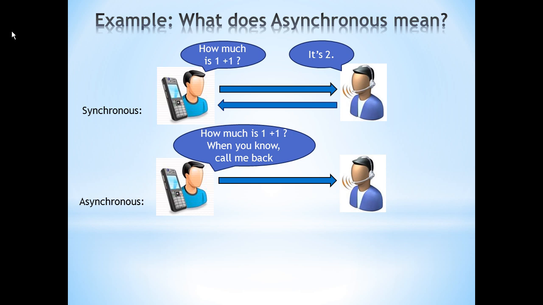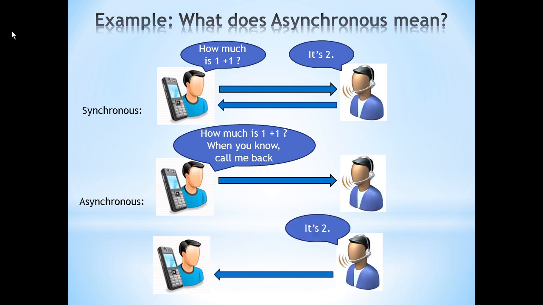When you know, call me back. And after that, I immediately terminate the connection, or hang up the phone. Then the help desk staff goes to look into the answer that I've requested, and when he has found the answer, he will call me back and tell me, well, it's 2.